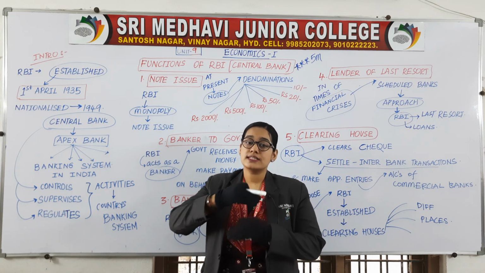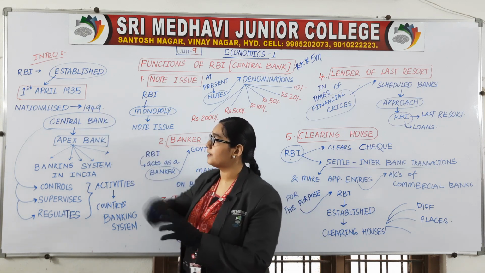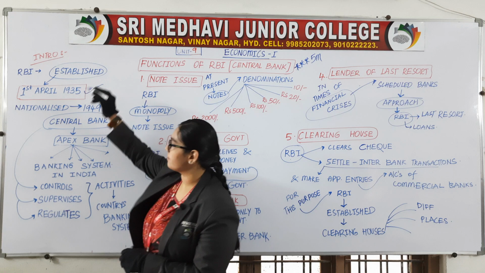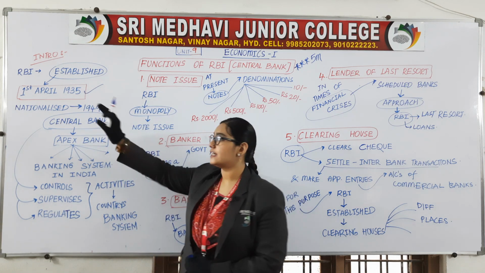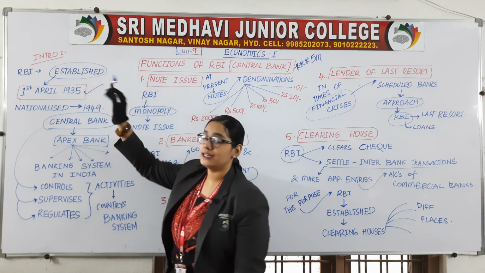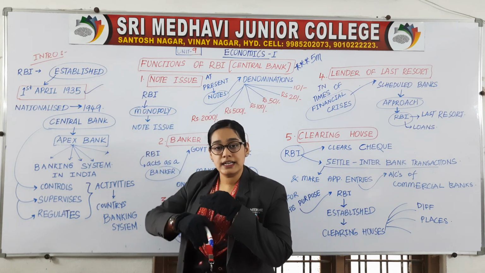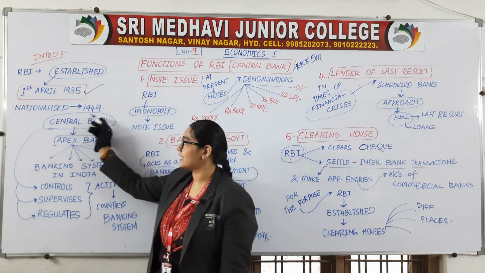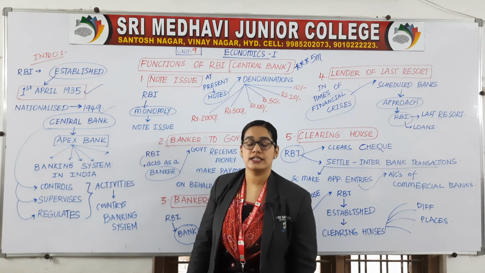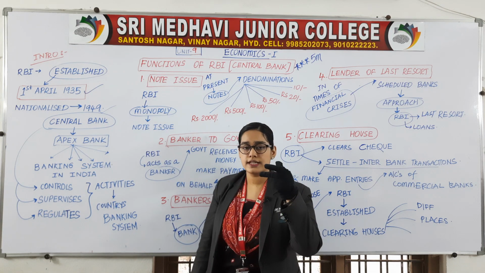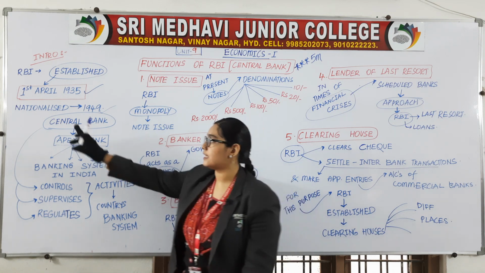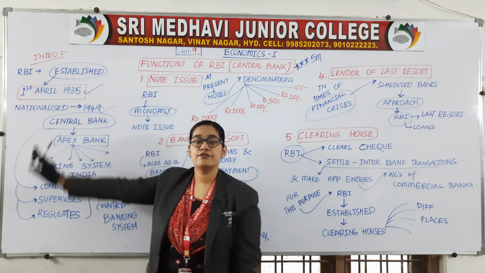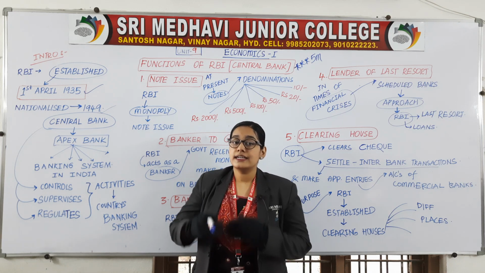So RBI was actually established in 1935, that is 1st April, but it was nationalized in the year 1949. Just remember two concepts: RBI was first established in 1935, but it was nationalized in 1949.